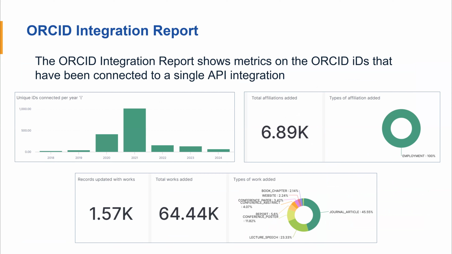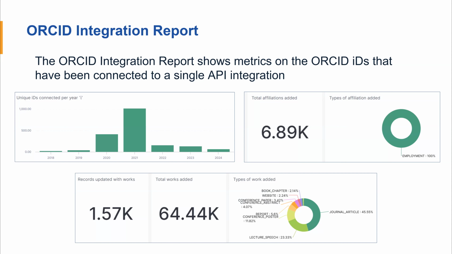So the member report is an aggregate of all of the activity. Your integration report will show you just activity for a single API integration. The kinds of things that you can find in that report are things like the number of ORCID IDs that have been connected to your integration each year. If your integration is writing data to ORCID, you'll see the total number of affiliations or other types of data that have been added.